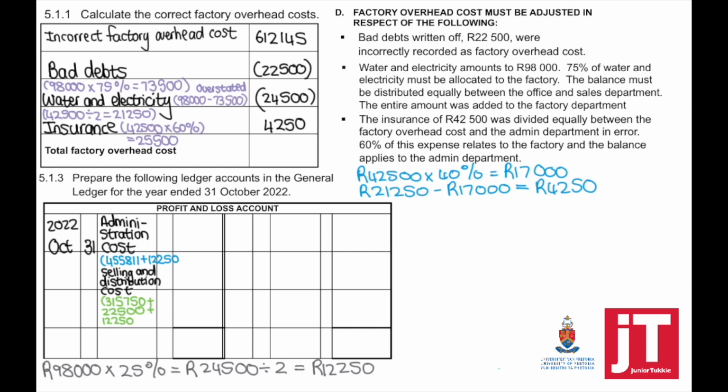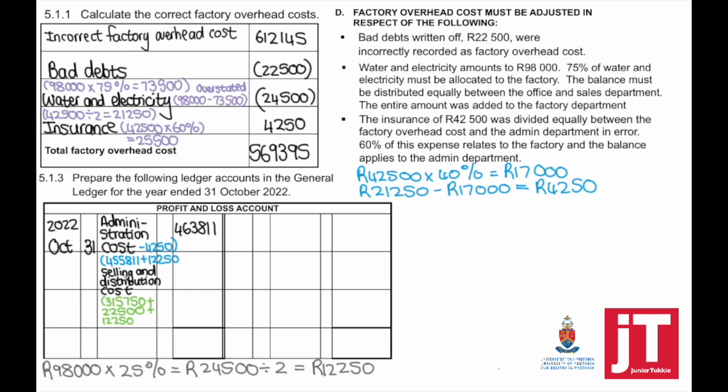It should be 17,000. So the difference, 4,250, must now be subtracted from the administration cost. Now that we've done all the corrections, we can calculate the correct factory overhead cost.